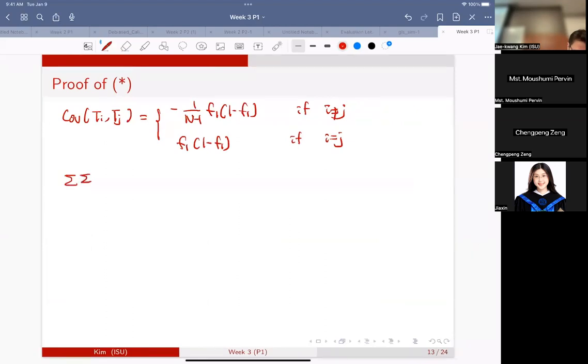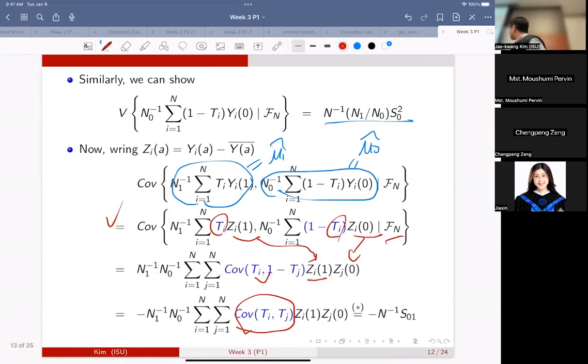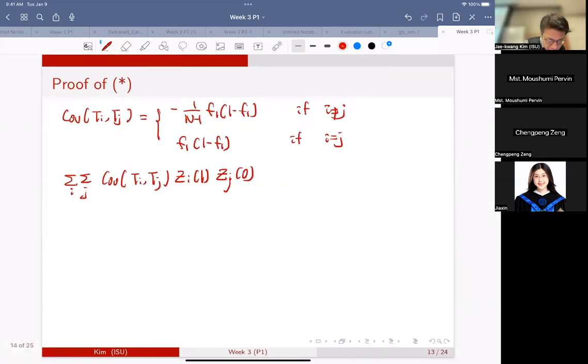the double summation over i, j, of covariance of T_i, T_j, times C_i1, C_j0. So we are interested in simplifying this.